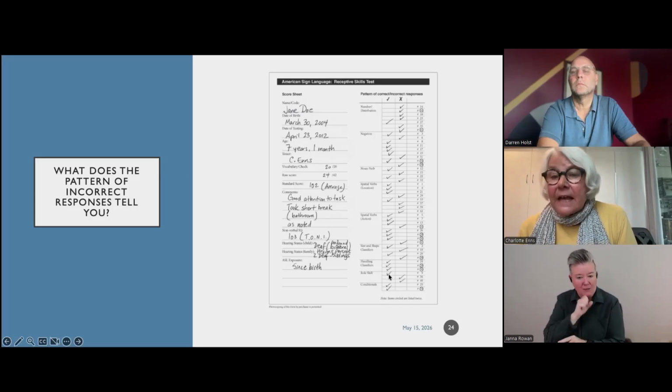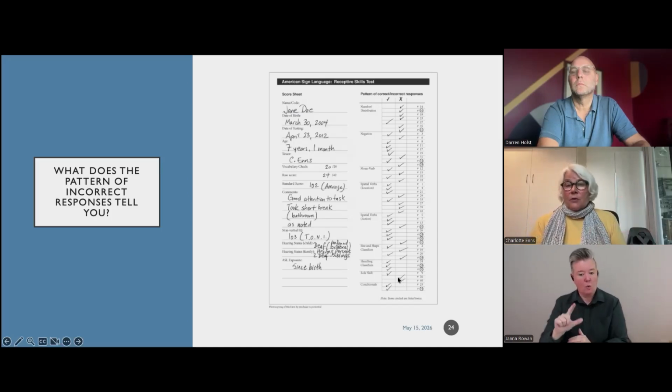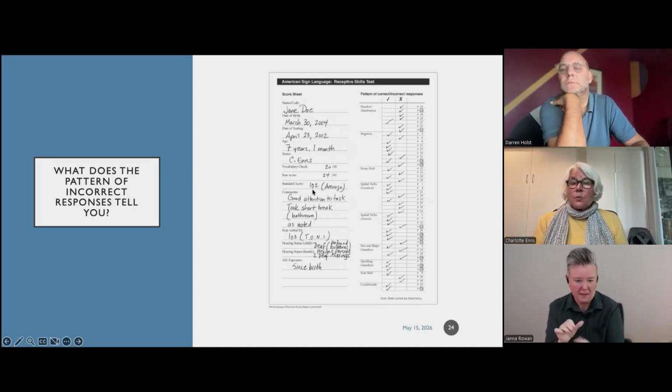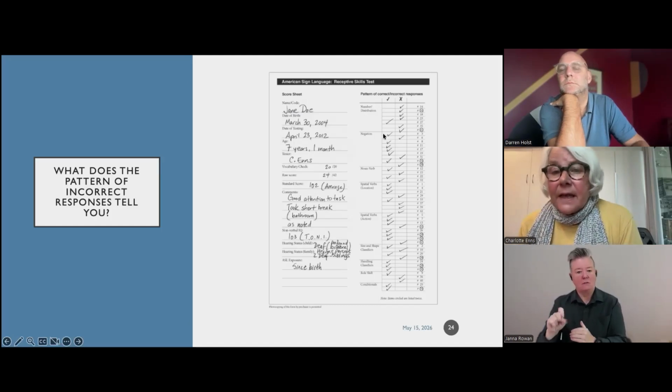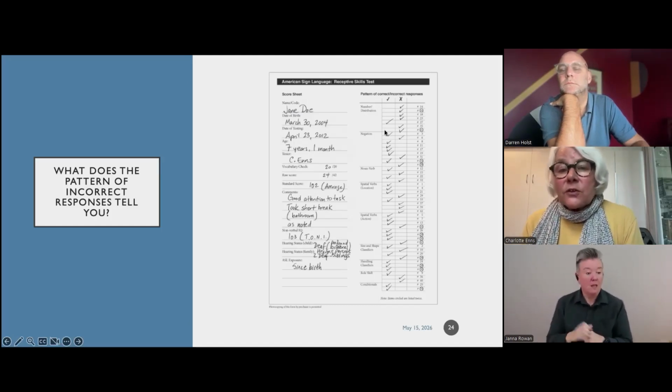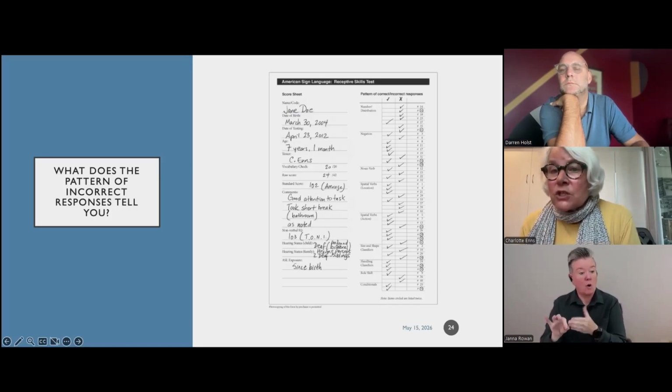The handling classifiers, they're getting them all correct, so that's good. Role shift, which is a later developing grammar structure, they only got one of those correct, so that might be something to work on. Conditionals, though, they did get correct. And you'll see their standard score is in the average range.